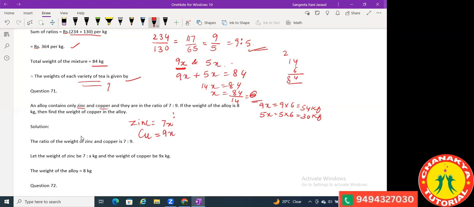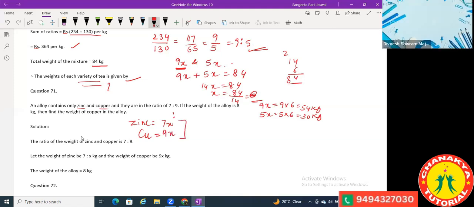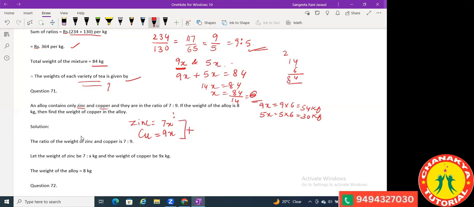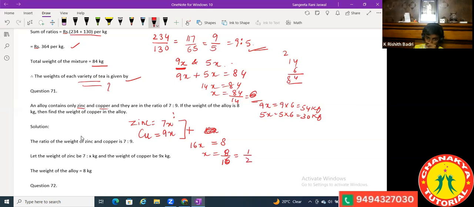Now the total weight of the alloy, when I add both of these, I get 9 plus 7 is 16x, which is equal to 8 kgs, the total weight of the alloy. So that means x is 8 by 16, which is equal to 1 by 2, right? Yes, ma'am.